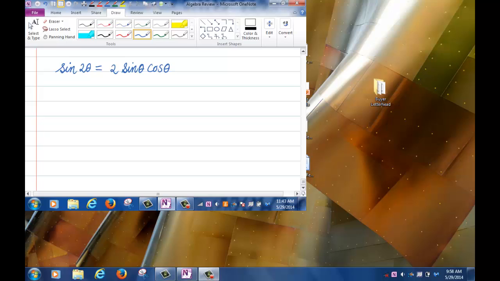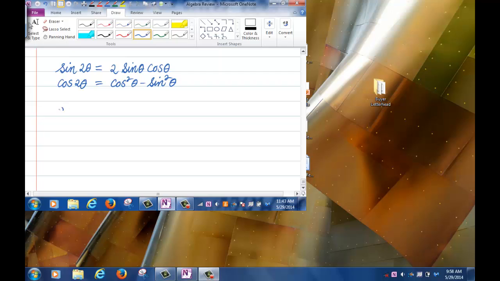Also, cosine of 2 theta is cosine squared theta minus sine squared theta. These are called the double angle identities. There are 2 others that we need.